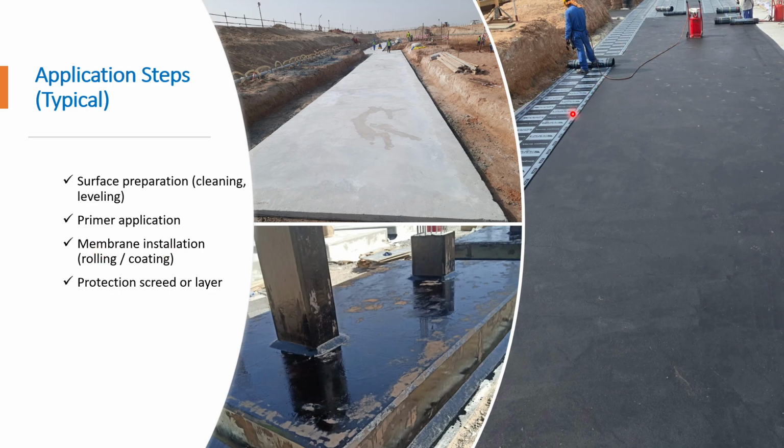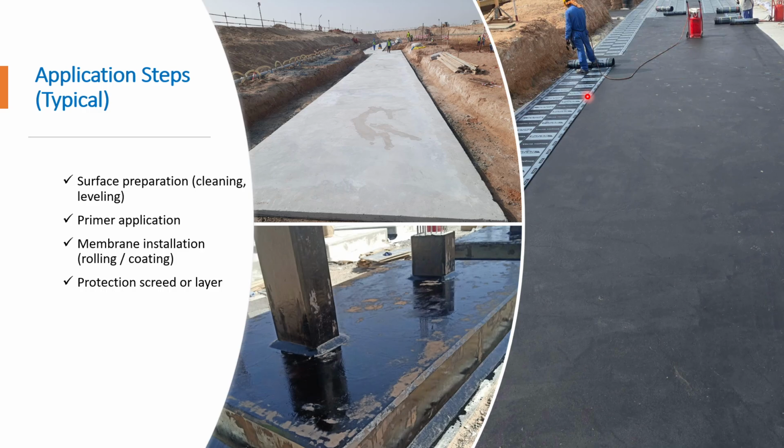So you can see in this picture we have to torch. This is the actual example of the torch applied membrane. What we did, we apply the heat on the surface of the membrane, and then it sticks to the substrate of the concrete. For the self-adhesive membrane, we need to remove the sticker, and the same way we can stick it to the substrate.